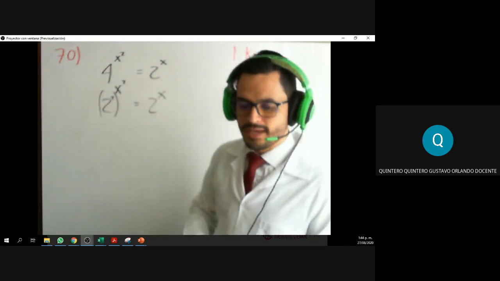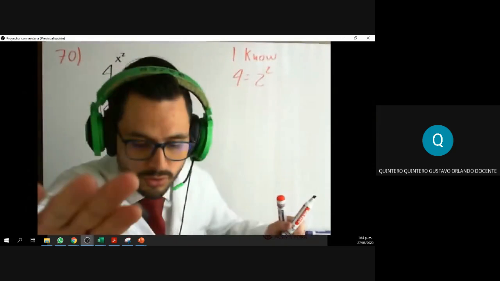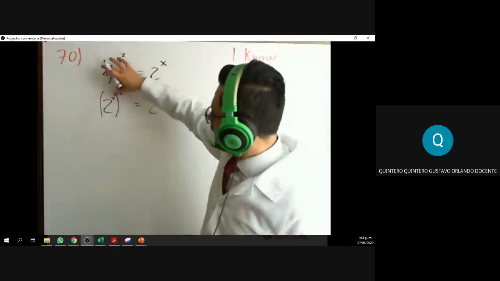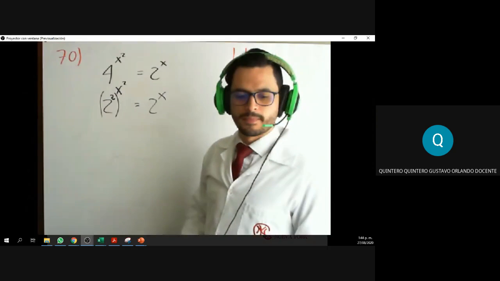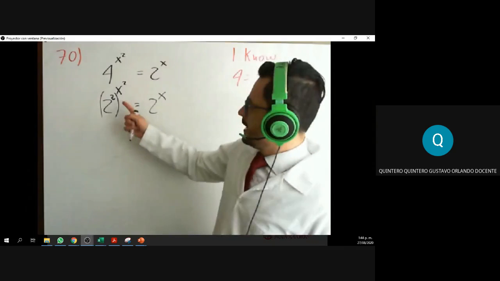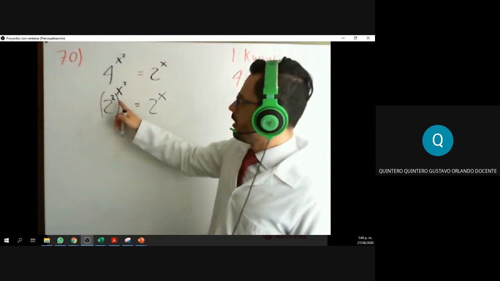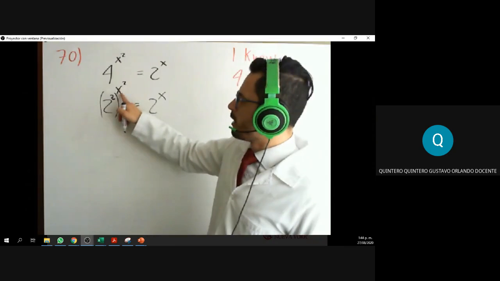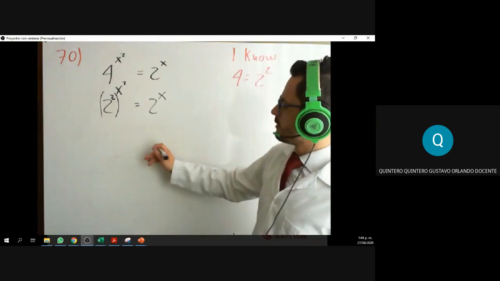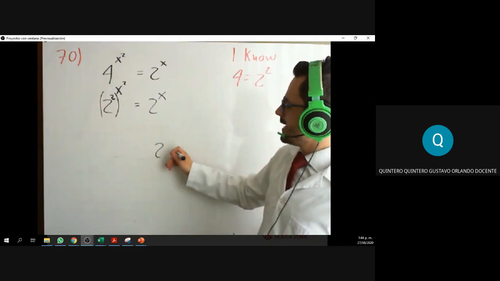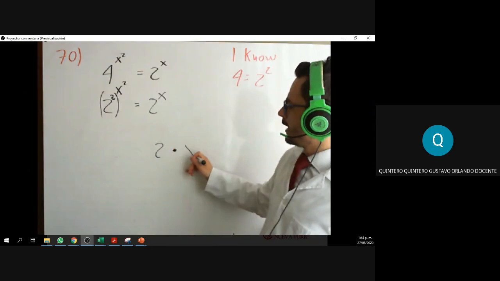Now, the problem is, camera, please, focus. Man, I hate it when that camera doesn't work. All right, the problem is, we need to remember, how do we multiply a number times a variable to the second power? How much is that? This is the result, right? 2 times x squared.